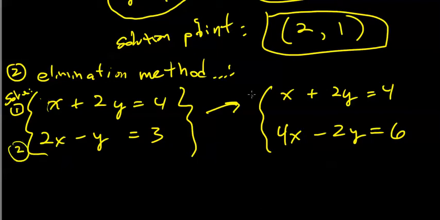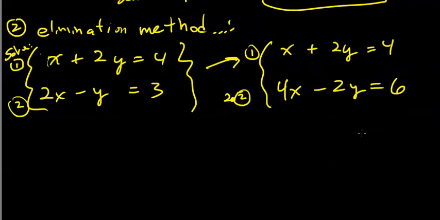I'm going to leave the first equation alone, and in the second equation I'm going to multiply it by positive 2. So I'll illustrate that with these symbols. I'll say 2 times equation 2 results in 4x minus 2y equals 6.